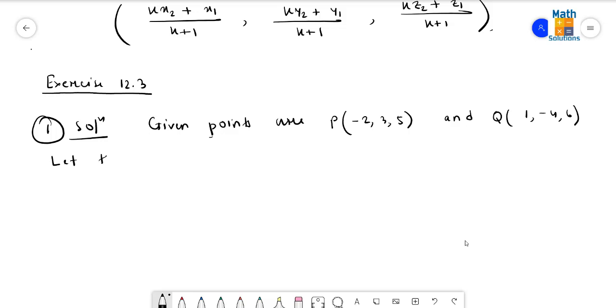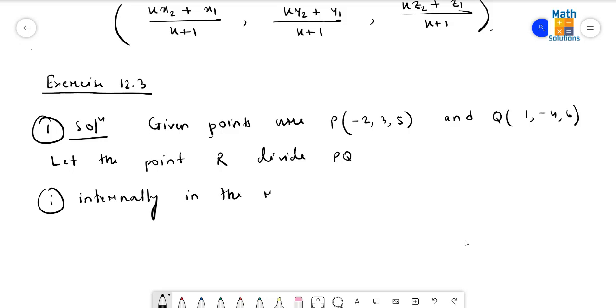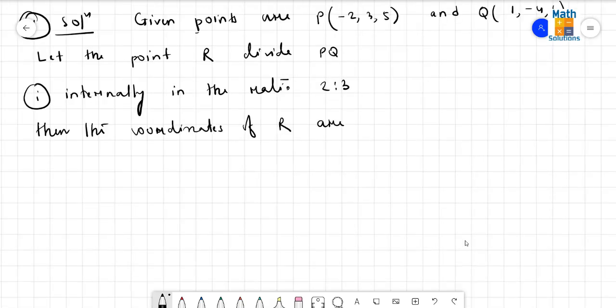Let the point capital R divide PQ, first one, internally in the ratio 2:3. Then the coordinates of capital R will be, which formula do we have to use here?